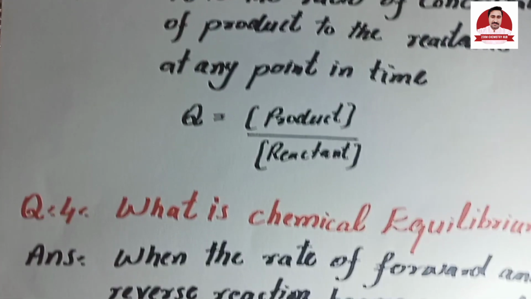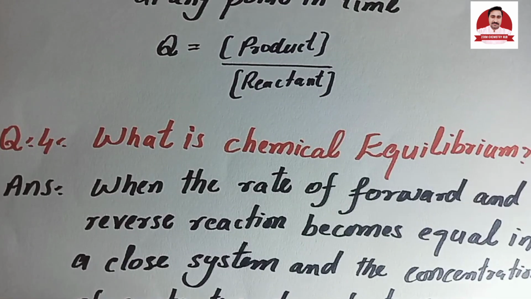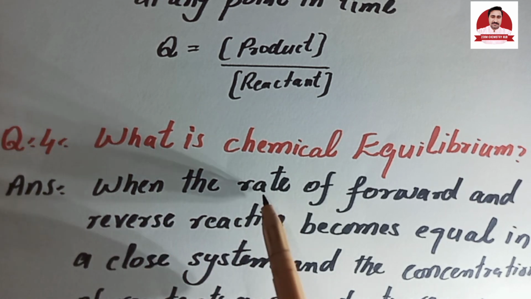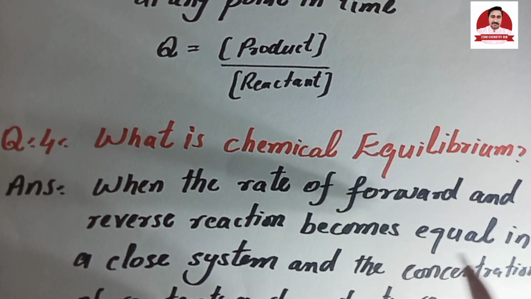Next question, question number 4. What is a chemical equilibrium? A chemical equilibrium is when the rate of forward and reverse reaction becomes equal.